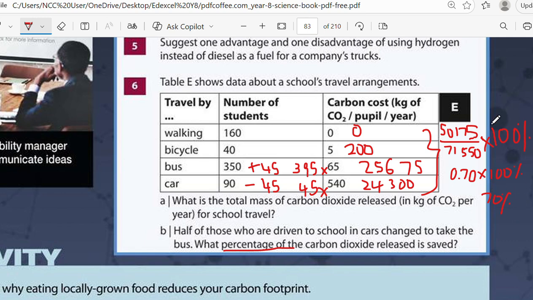So now the carbon cost is 70%. So from 100%, how much it has got reduced? 30%. 30%. Is that clear? Yeah. Right, so you can write the answer. Once you do the calculation, you can say by 30% it has reduced or it's saved. Is that clear? Yes.